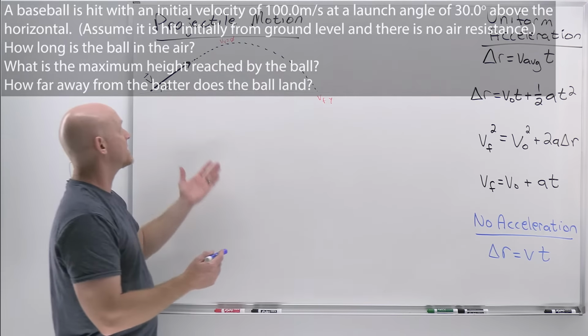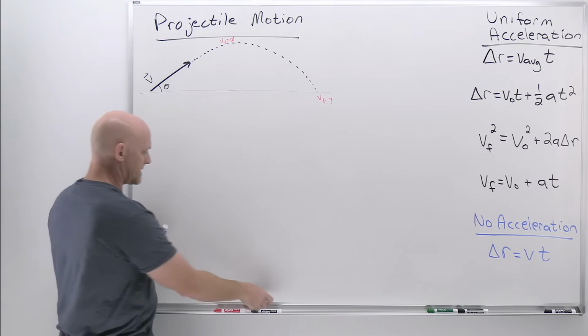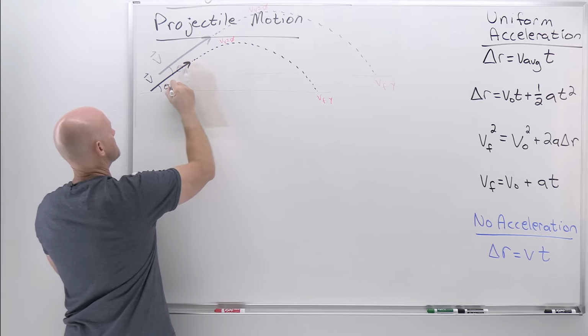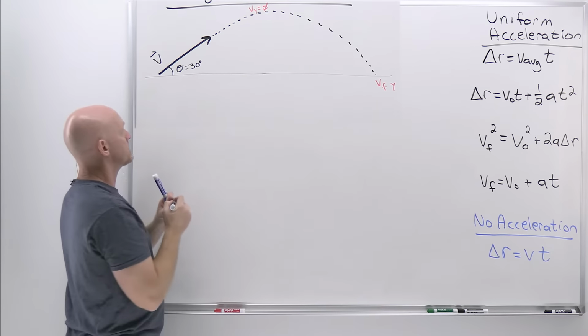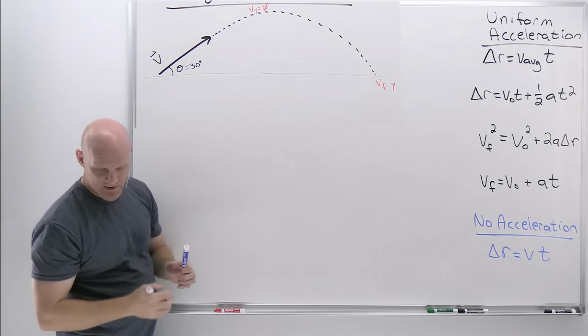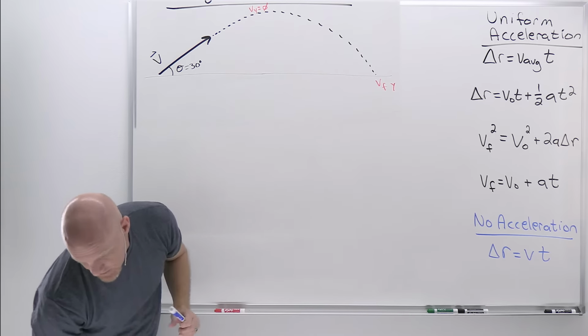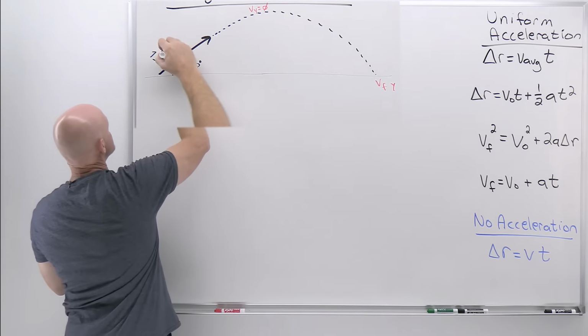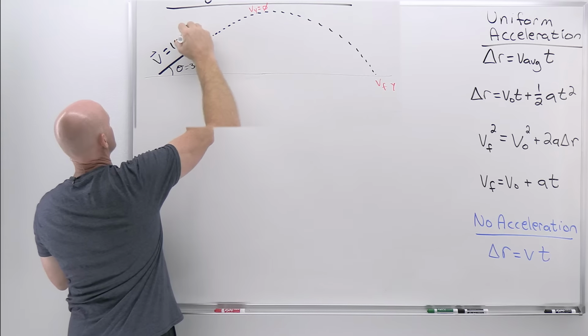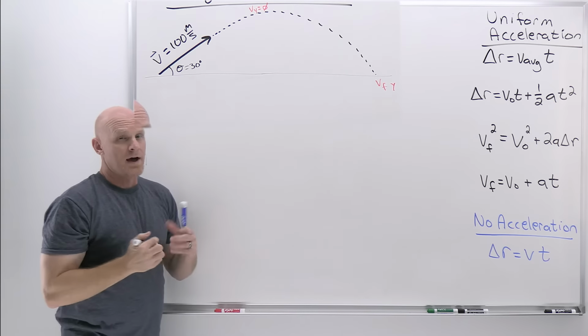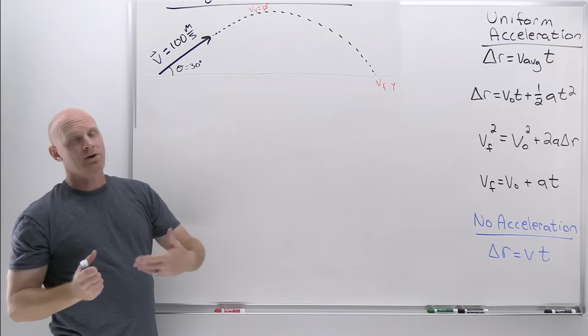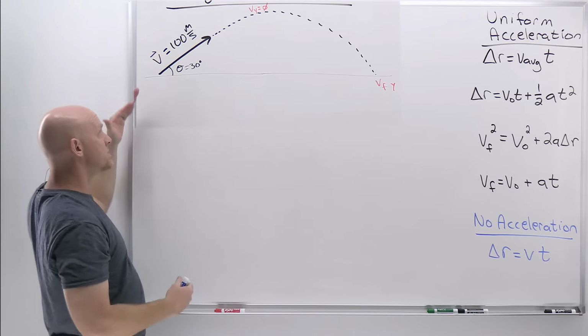And so the big thing we've got to realize now is that our angle here is 30 degrees above the horizontal. Initial velocity again was 100 meters per second. And now we've got x and y components. It's not perfectly horizontal, it's not perfectly vertical, it's somewhere in between.